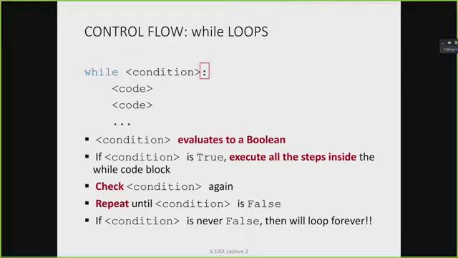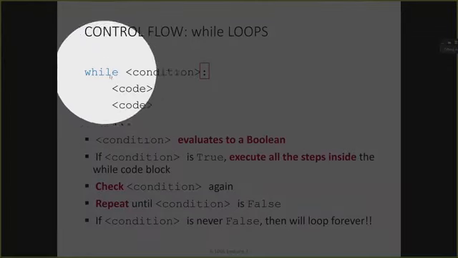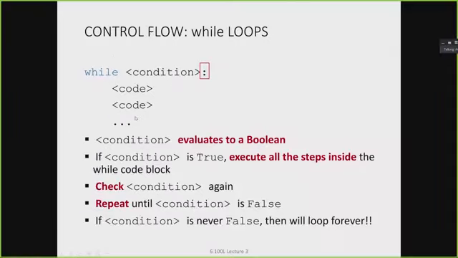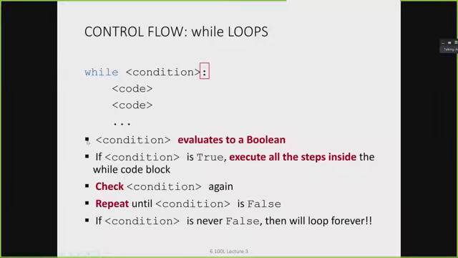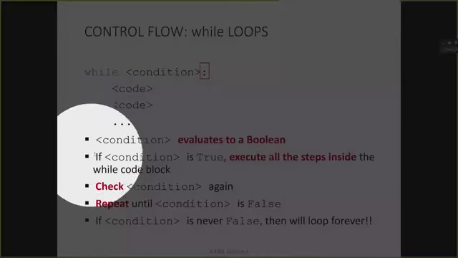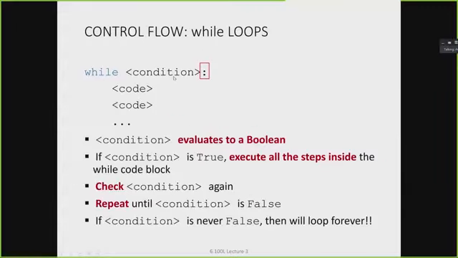When the condition becomes false, Python will no longer execute the indented stuff inside the while loop, and it'll rejoin the rest of the program at the same indentation level as the while loop. Notice that the fact that we're doing this code over and over again depends on this condition being true.